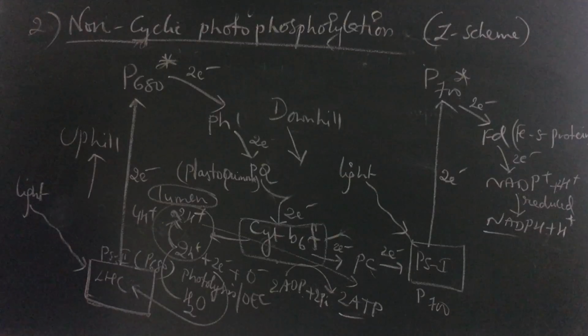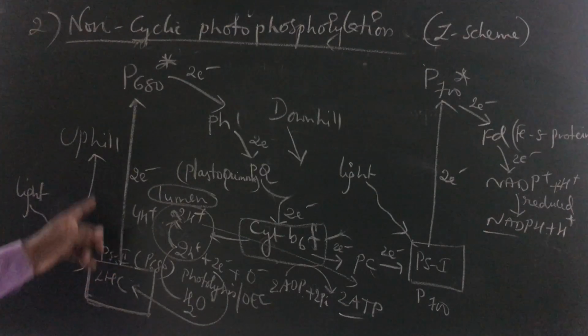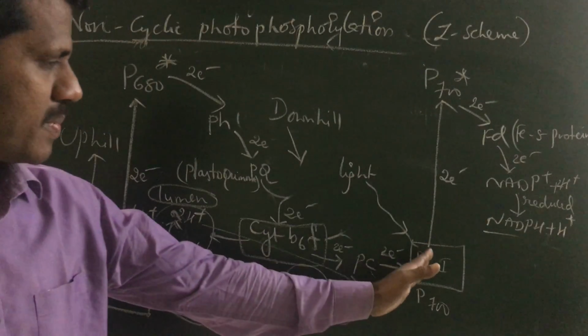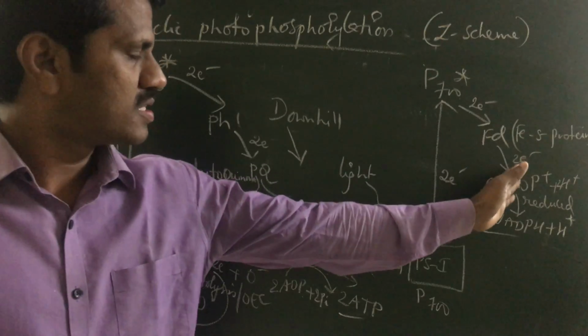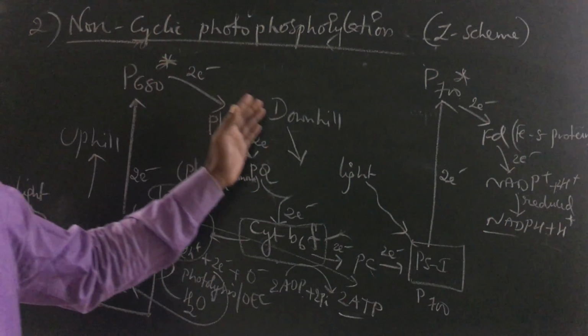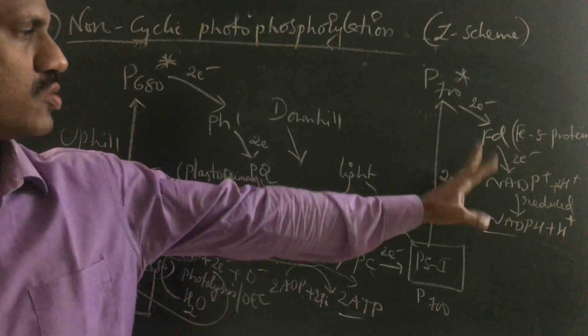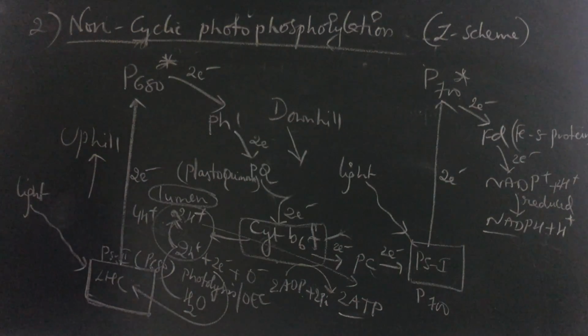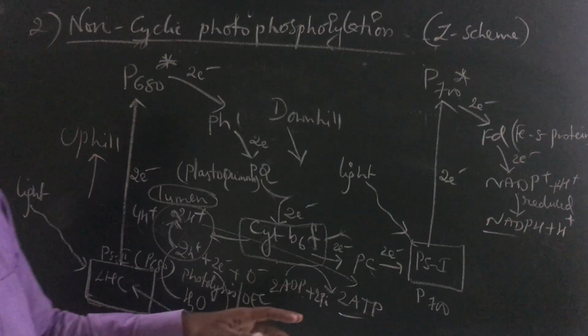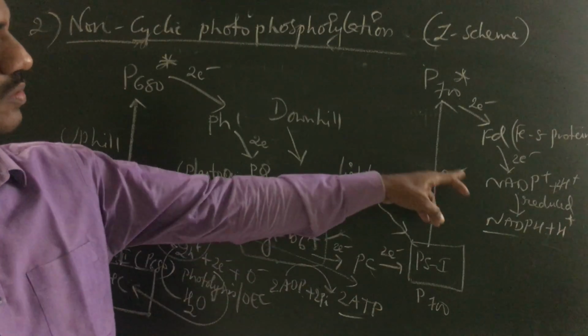Okay, right. So now, like that, the electrons are passing continuously, and whatever electrons are there will reach NADP. So here you cannot see cyclic flow taking place, because this is reaching NADPH.